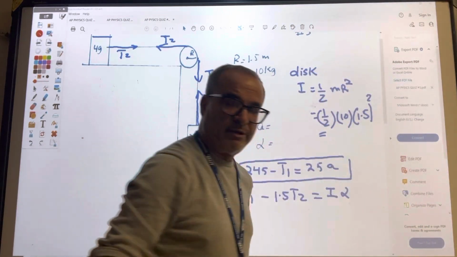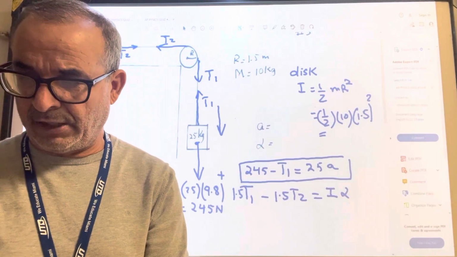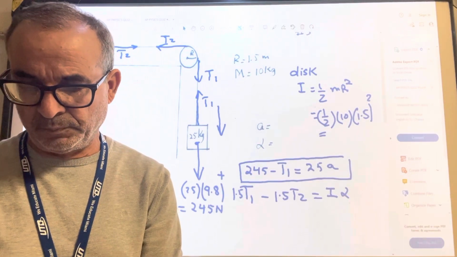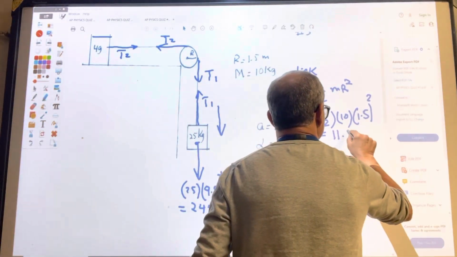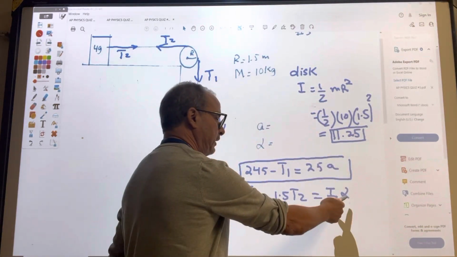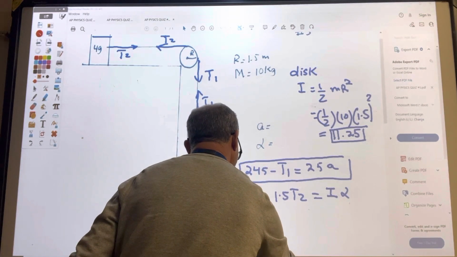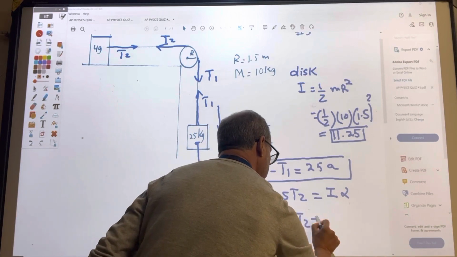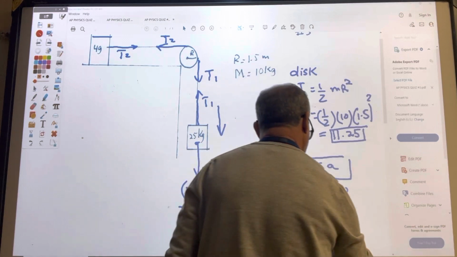I'm going to save some time and just get the answer. When you multiply that out, you get I equals 11.25. Then you plug it in here: 1.5 T1 minus 1.5 T2 equals 11.25 times alpha.